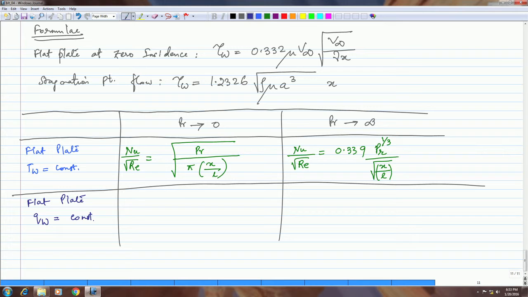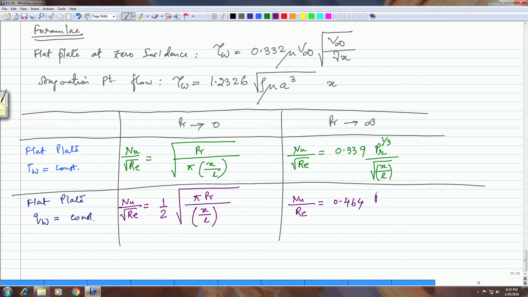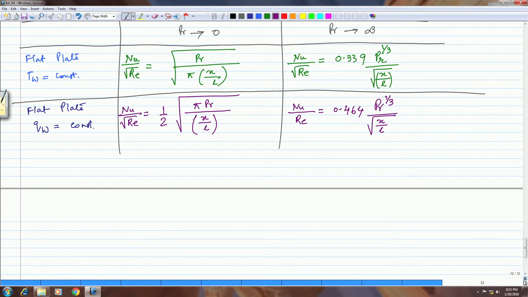So, then here again the same thing, right, that is equal to half, okay, by L. Okay, and this, okay, is 0.464 Prandtl number raised to 1 by 3 by L. Okay, so that's one.